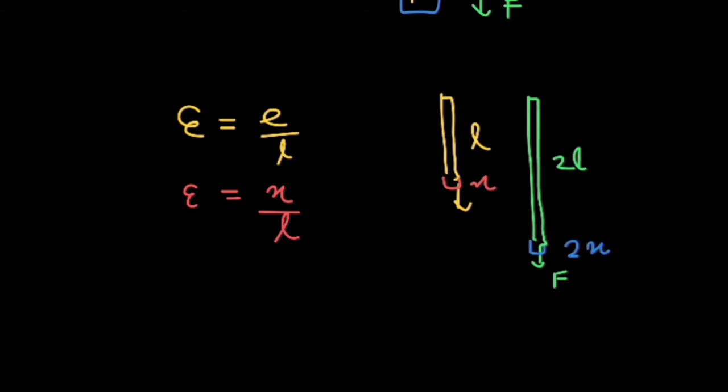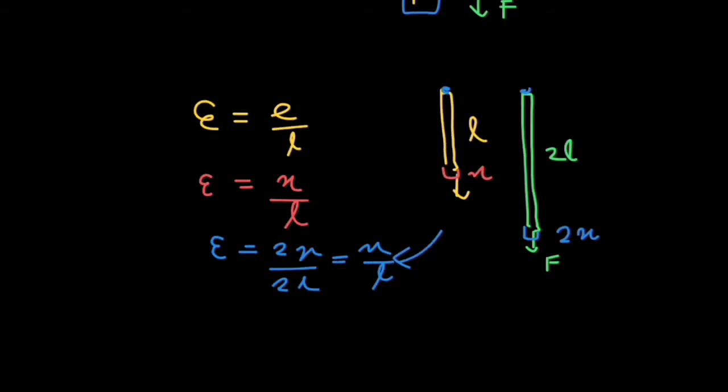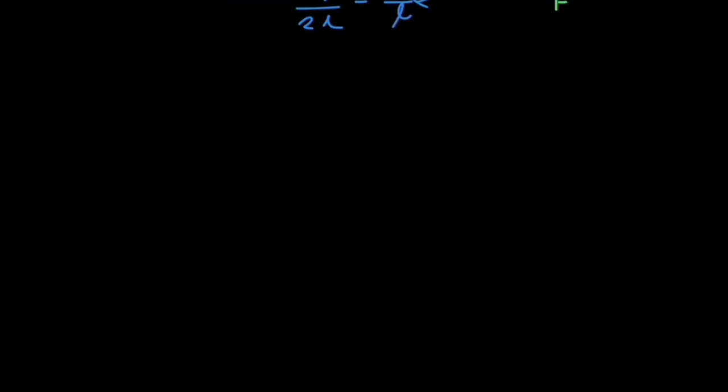If you calculate the strain, you will have 2X over 2L, so that's X over L. So if the same force is applied where the cross-sectional area and the materials do not differ, but the length only differs, then there is no change in strain. Have this idea in your mind. This would help you to understand the question we are to discuss finally.